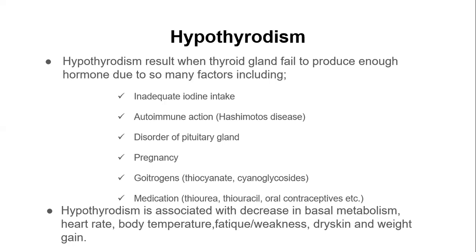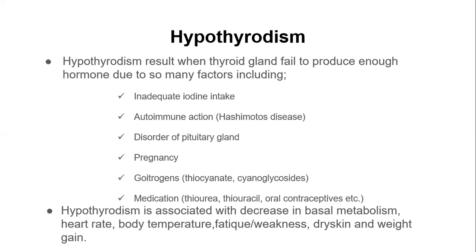So these compounds inhibit that pumping mechanism, like thiocyanate, thioglycosides, etc. And even some drugs like thiourea, thiouracil, and even the oral contraceptives can inhibit iodine uptake, leading to a goiter.